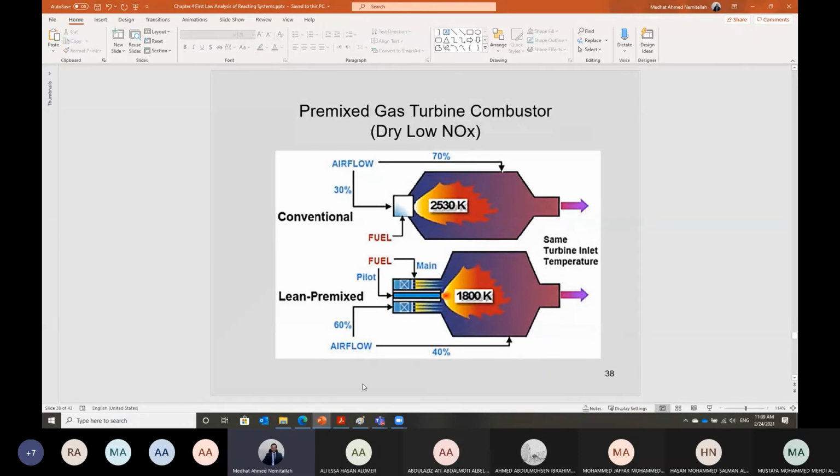But in addition to lean pre-mixed combustion, if it is oxy combustion using carbon dioxide and oxygen, carbon dioxide has an adverse effect on the combustion stability, and it will add to the instabilities that already exist in lean pre-mixed combustion, and the operability of the gas turbine will be much limited.